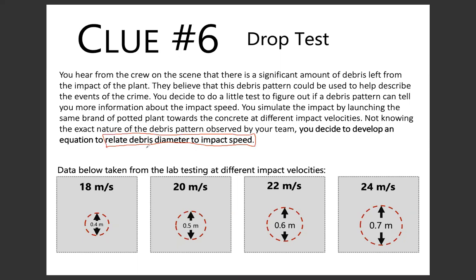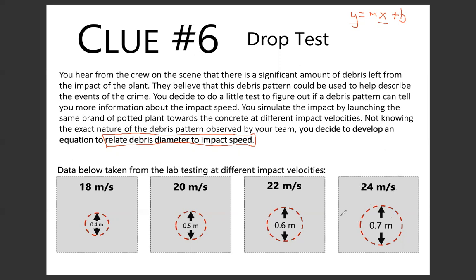So that's what we're trying to figure out. I told you that you should use a linear model, like y equals mx plus b. Your variables, x and y, are going to be the diameter of the field and the velocity of the impact.